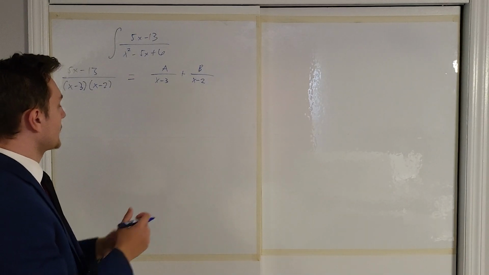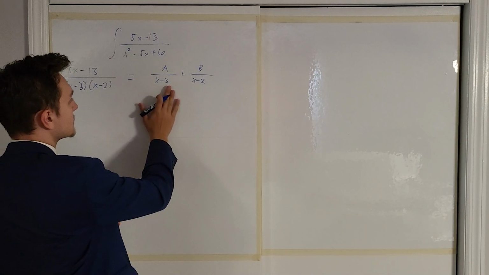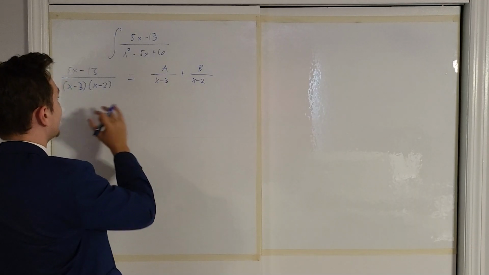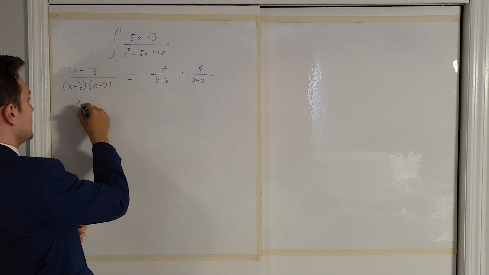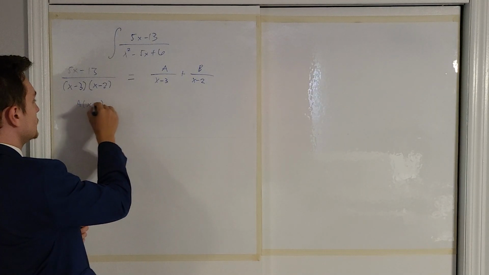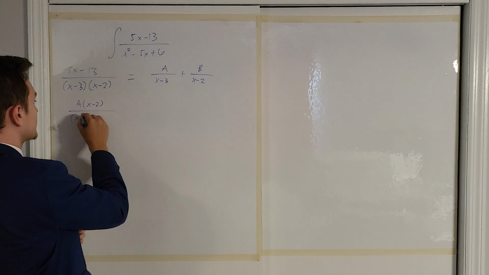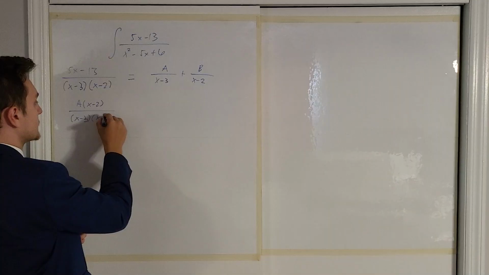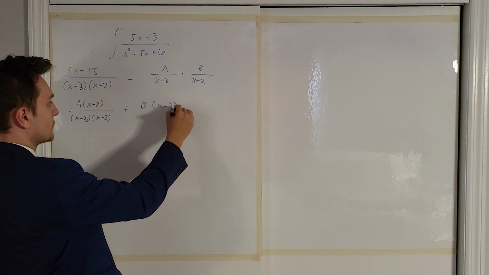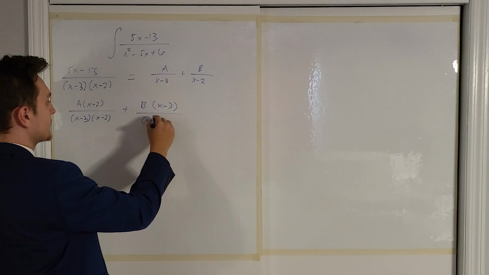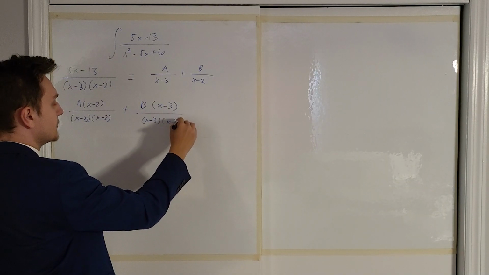Now, the next step is I need to multiply each of these by the other factor. So I'm going to take A times x minus 2 all over x minus 3 times x minus 2, plus B times x minus 3 all over x minus 3 times x minus 2.